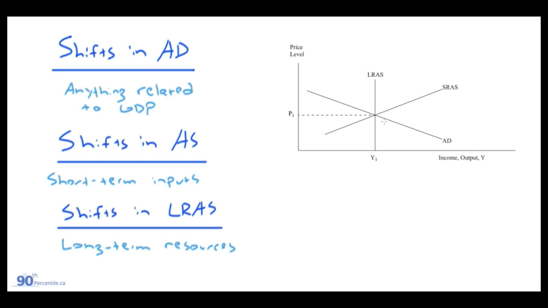All that this graph is saying is that the point where these three lines intersect is known as full employment of an economy, and the point on the long run aggregate supply curve is the potential GDP of the economy in the long term.